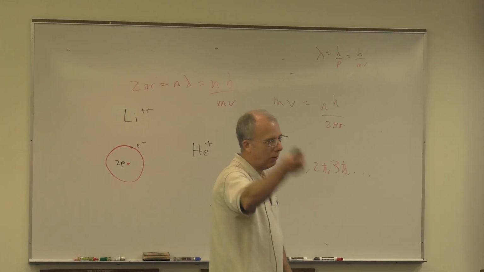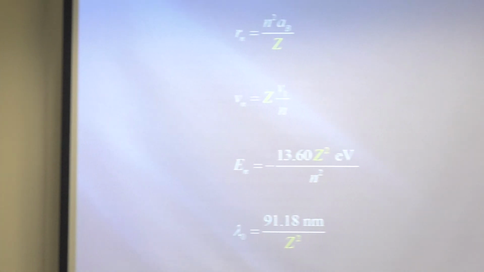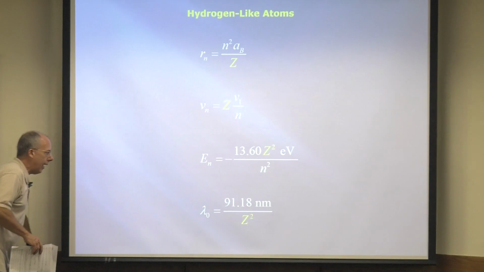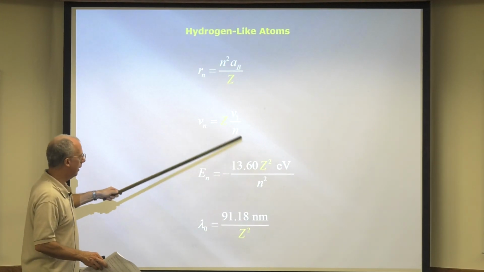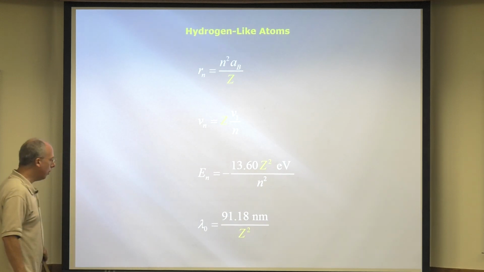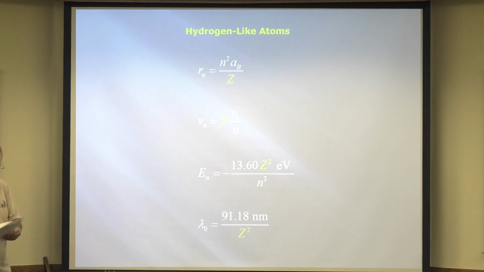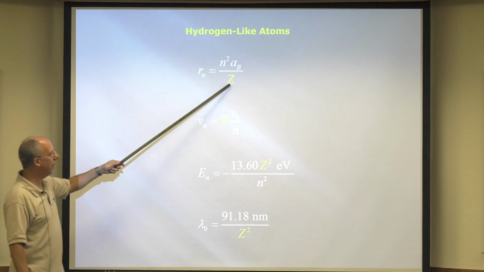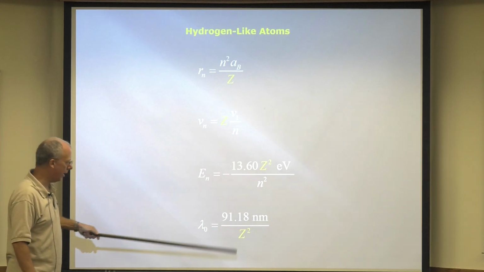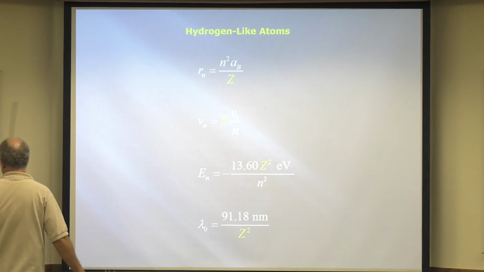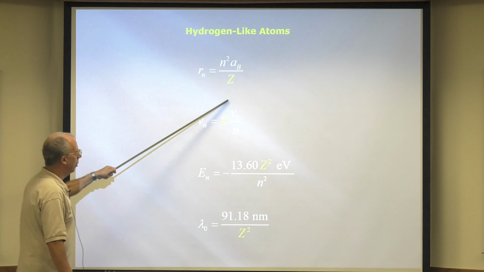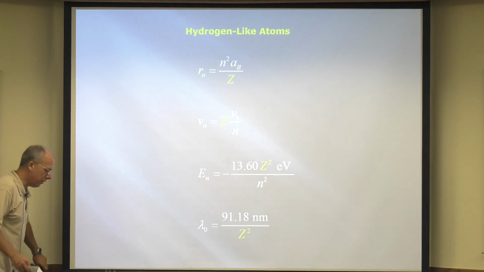And he just redid the analysis, and the only difference is the Z. Z is the number of protons. So for hydrogen, Z would be 1, and you just have the same formulas as we had before, right? For helium, Z is 2. So he just did all that.